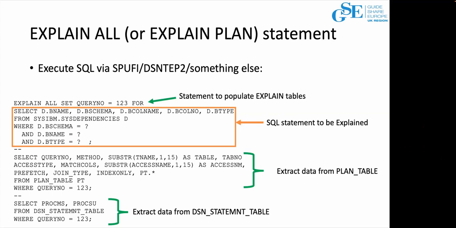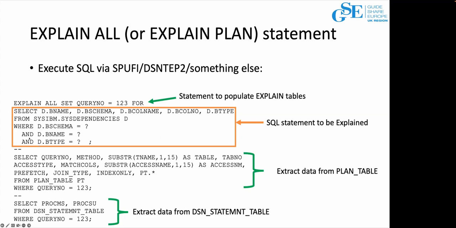Normally for packages, that the application uses, the rows will exist in explain tables associated with the package owner. And just a note here, EXPLAIN ALL and EXPLAIN PLAN are the same. The result is the same. I guess it's historical that we have two ways of doing it, but it means the same.